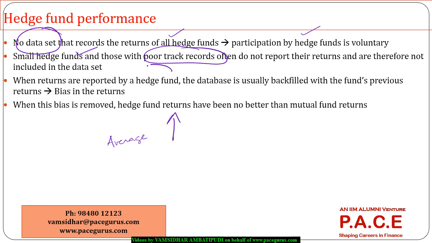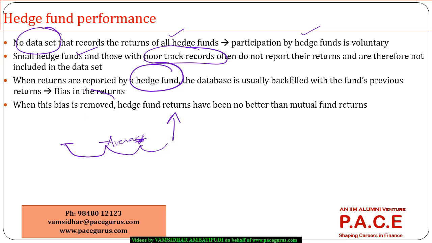And whenever they start reporting their returns, their returns are filled in even for the previous years as well, and because of that there could be a big bias in the returns that show up in the current year.